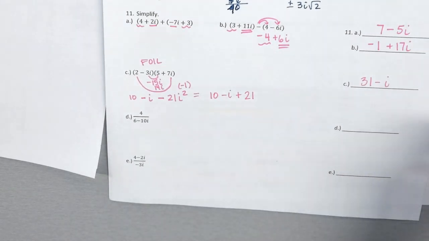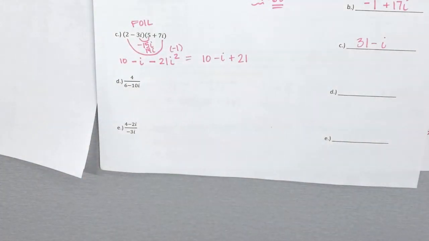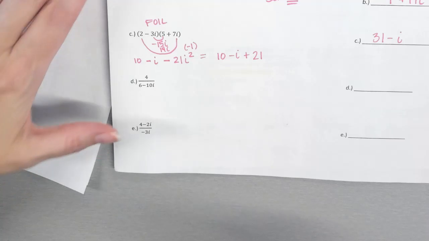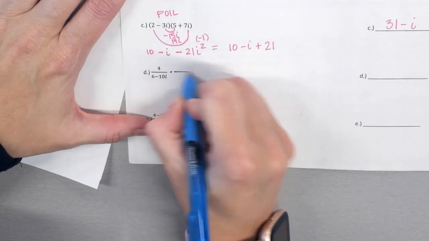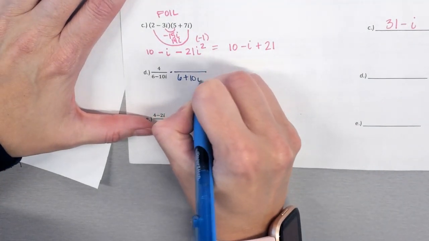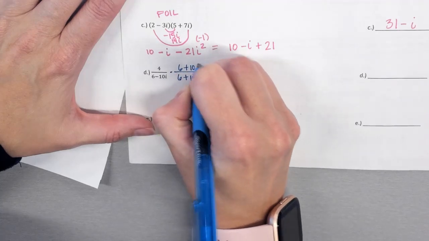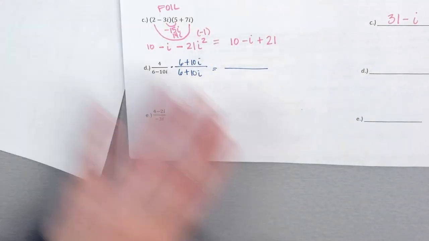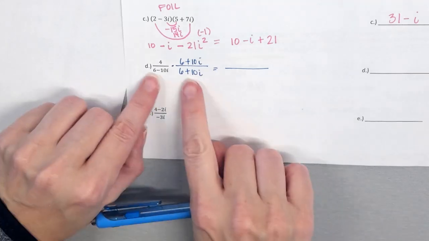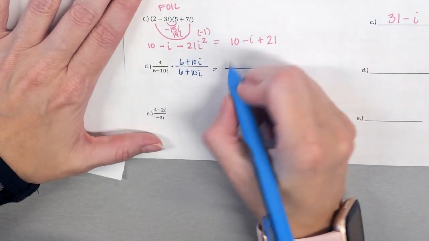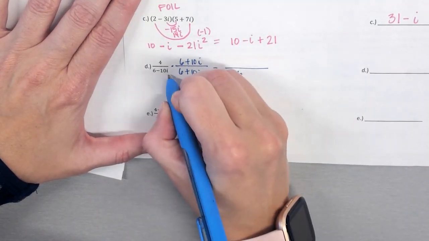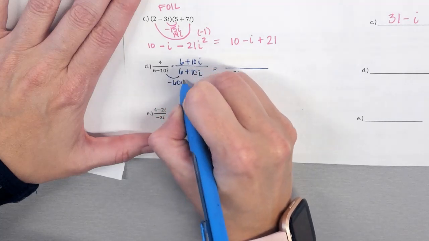Okay, and then for part D, you have to multiply by the conjugate. So what I'm looking for is you know the correct value to multiply by. Okay, so the conjugate is of the denominator, and whatever you multiply by should result in a cancellation.